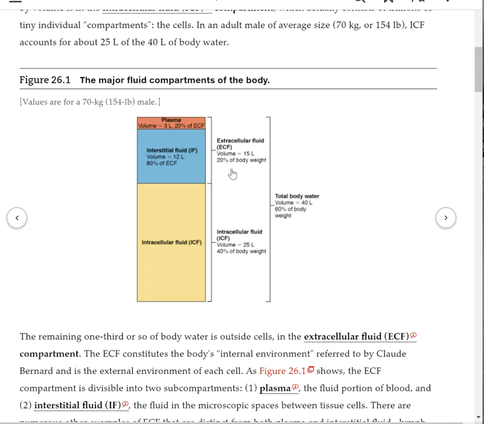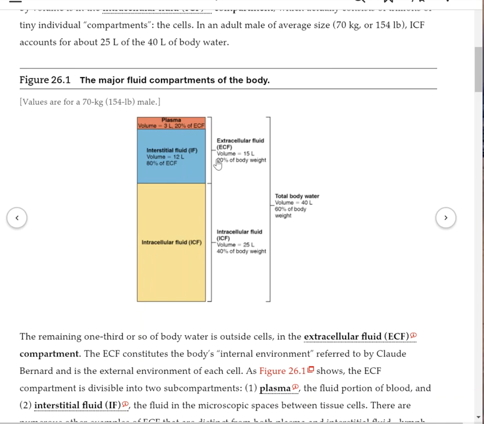It breaks down into 2, extracellular fluid and intracellular fluid. Intracellular fluid is basically cytoplasm, right? And this is all inside the cells. This is where the majority of the water is. About 40% of your body weight, or about 2/3 of the total body water, is here.